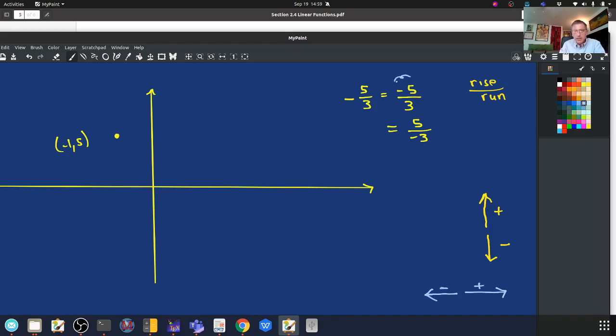So let's find another point using this. This says go down 5 units. So there's 1, 2, 3, 4, 5. I'm just pretending that's 5 units. And then go over 3.